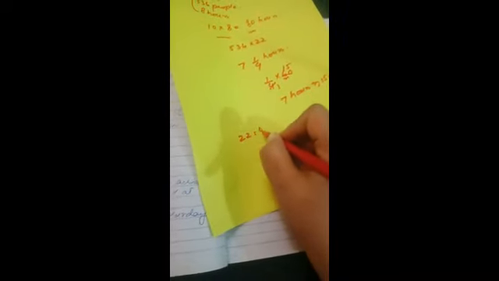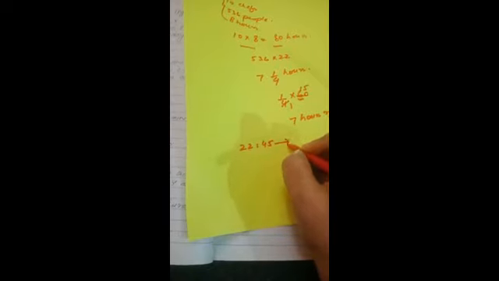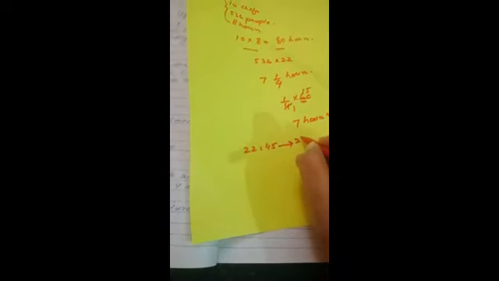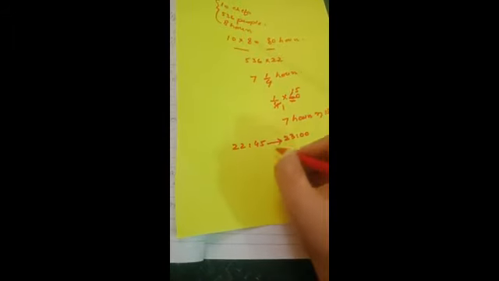Let's suppose the ship's departure time was 22:45. 22:45 means 10:45 p.m. First of all, we will convert it into proper terms. We make it 23.